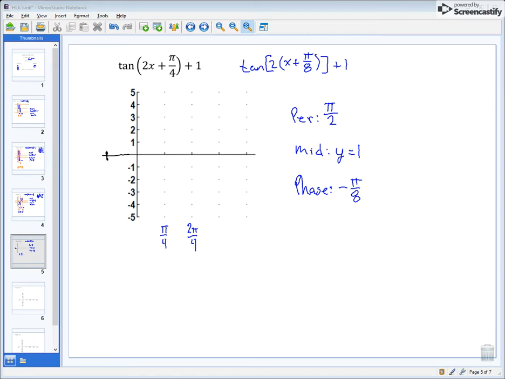So let's put those lines on the graph. We have a midline of y equals 1. We have a phase shift to the left, pi 8. And we have a period of pi halves. In other words, it's pi 8 left from pi halves, right?